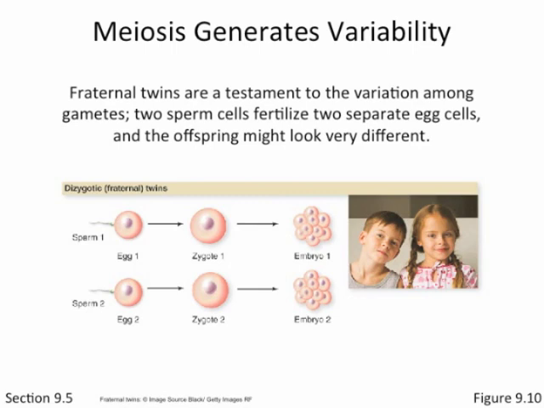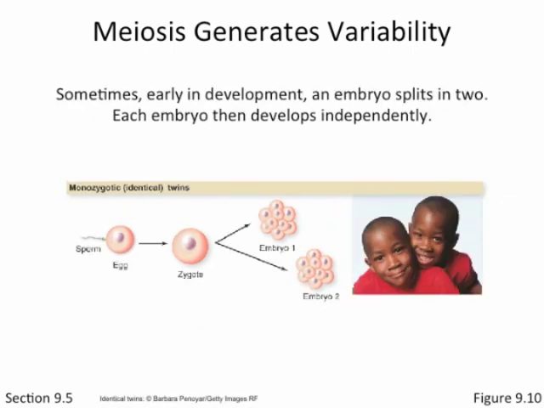So it's because it's completely random. It would be very, very unlikely for the same sperm and the same egg. So the only way that you can have 2 individuals with the same chromosomes is how identical twins are formed, which is 1 sperm, 1 egg, producing 1 zygote, and then early on, in the first few mitotic divisions, the cells don't stick together, and they form 2 separate embryos.